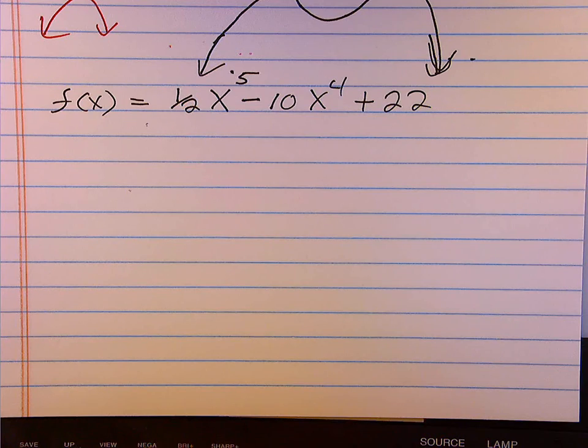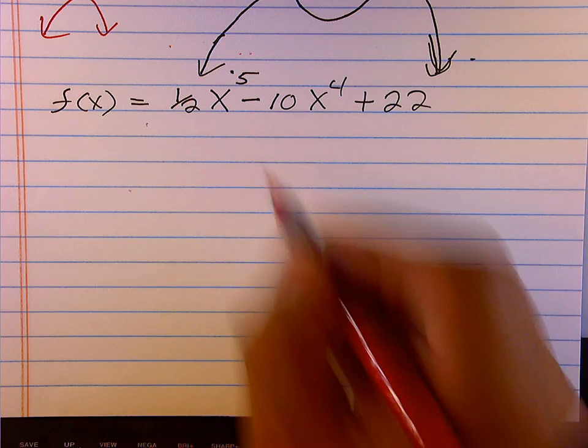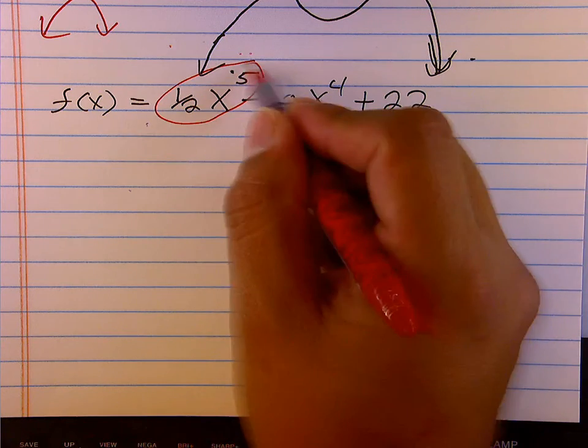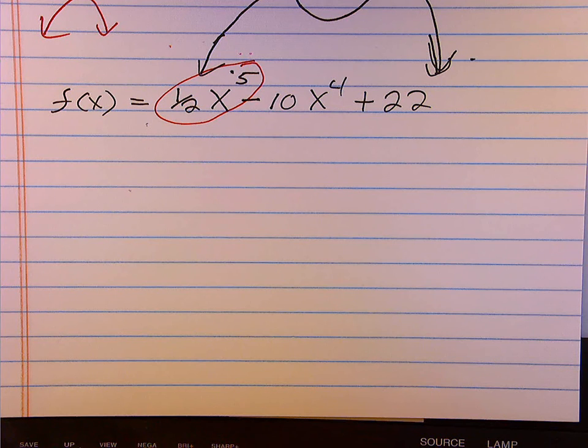Okay, I'm going to take a look at another function. I have f of x equals 1/2 x to the 5th minus 10x to the 4th plus 22. This is a polynomial function. All my exponents are integers. I know that it is a 5th degree polynomial because that is the power function with the largest exponent.